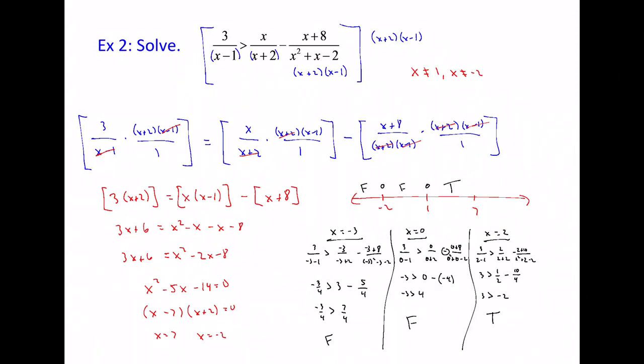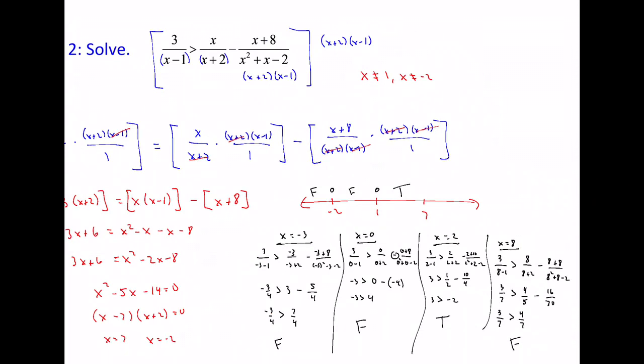So now we have one more to check, greater than 7. So I will do x equals 8. And so x equals 8 gives you 3/7 is greater than 4/7, which is false. And at x equals 7, it is open because, remember, originally it was only greater than, it wasn't equal to. So we don't have any closed circles.